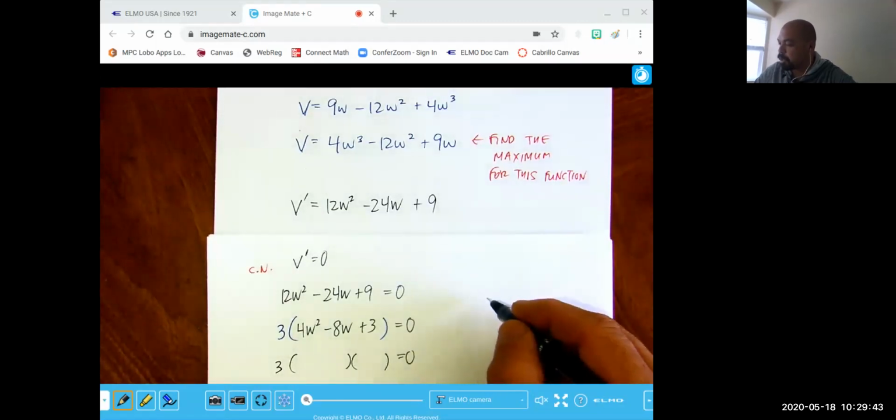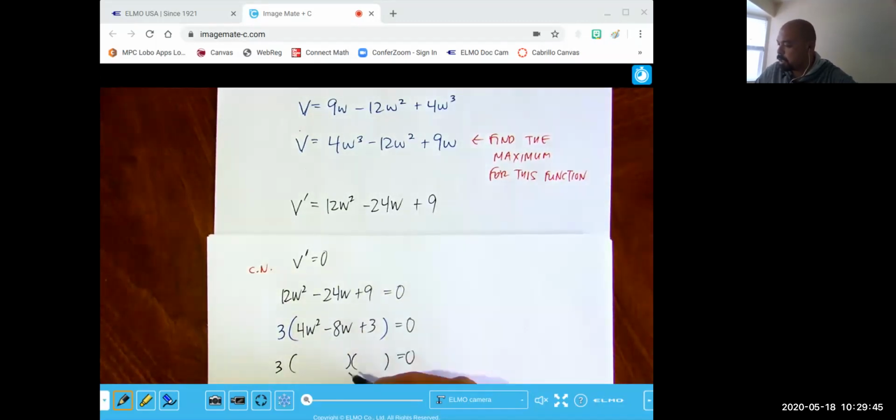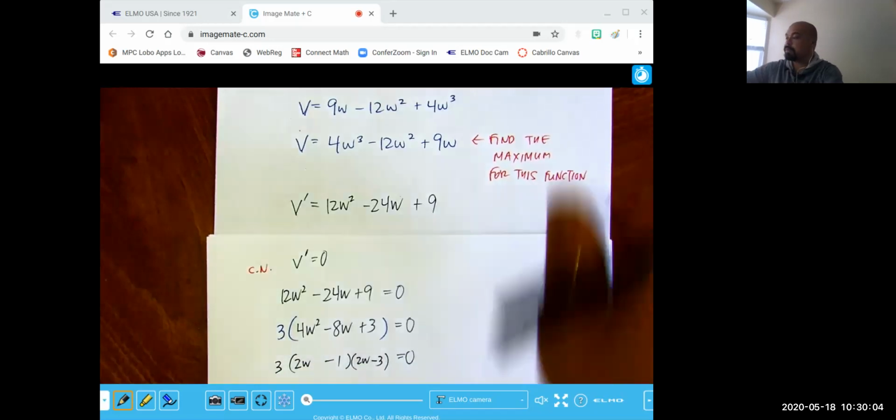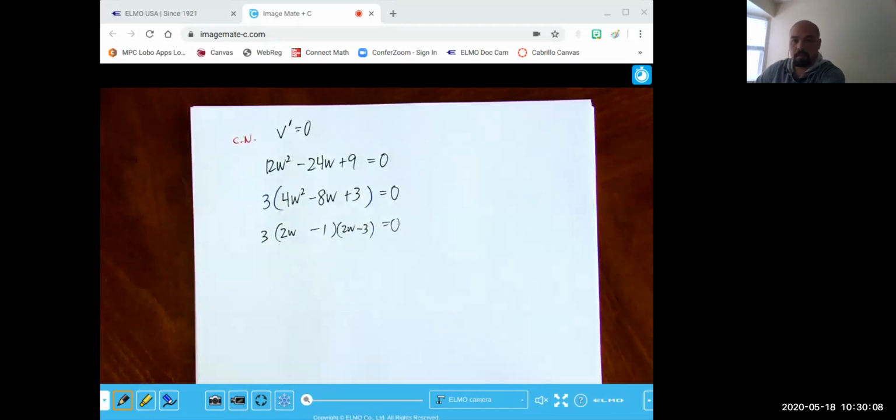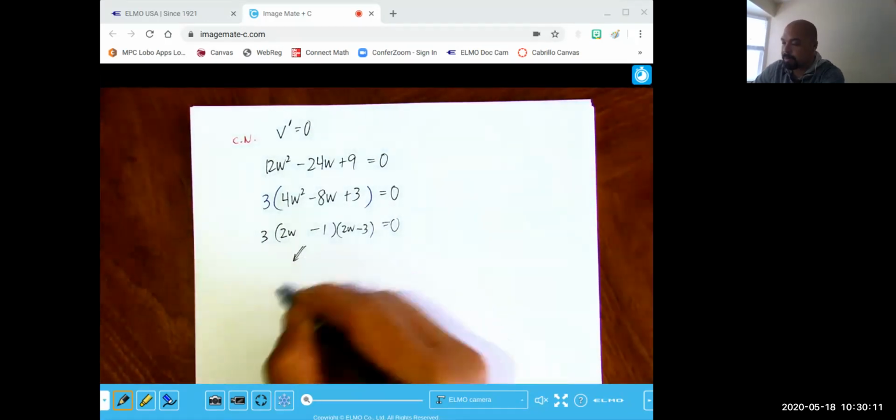Okay, so factoring here, if I remember correctly, we should get 2w to get the 4w squared. Right, negative 6 minus 2, negative 8 plus 3. Okay. And then separating that.